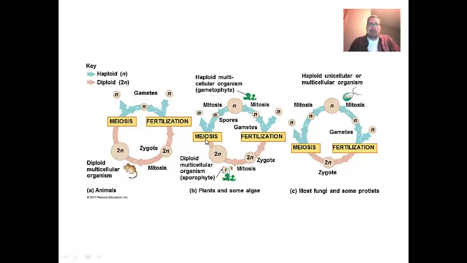And then what happens is that organism goes through meiosis to create those spores. Those spores are then released, and through mitosis, they make the haploid multicellular organism that's called the gametophyte.